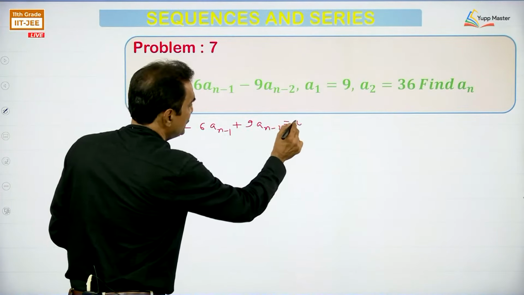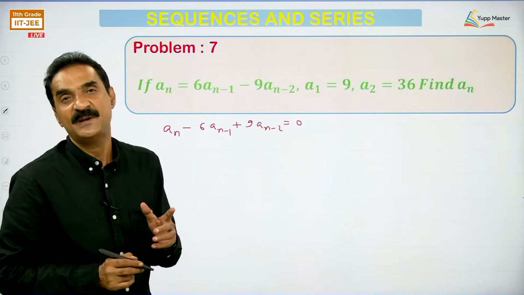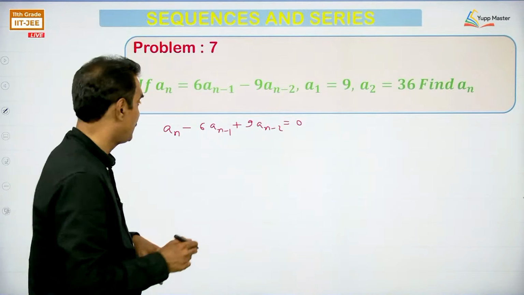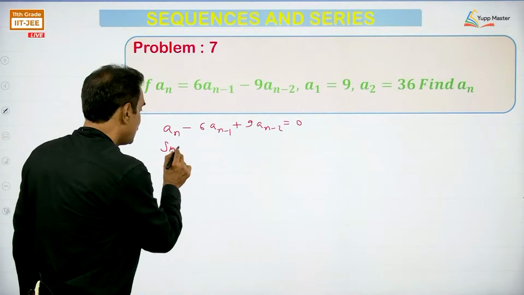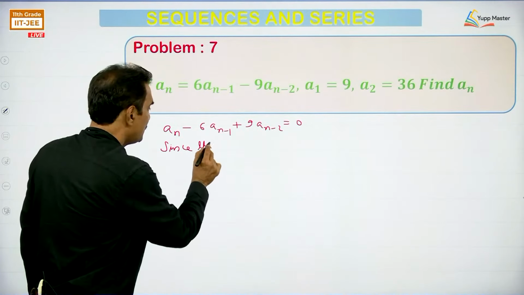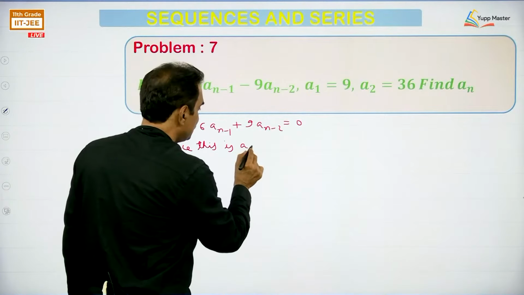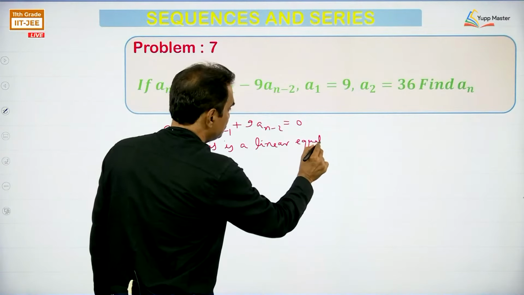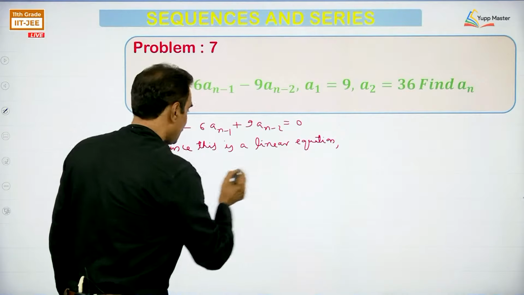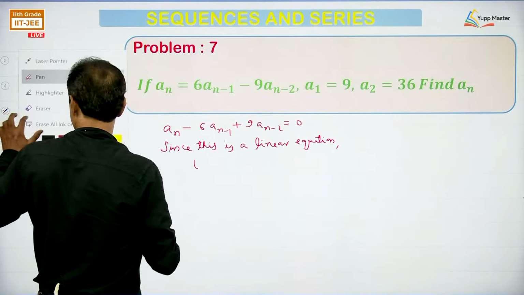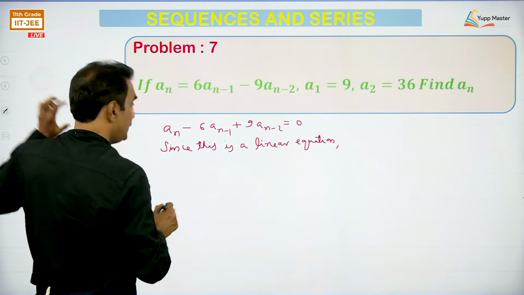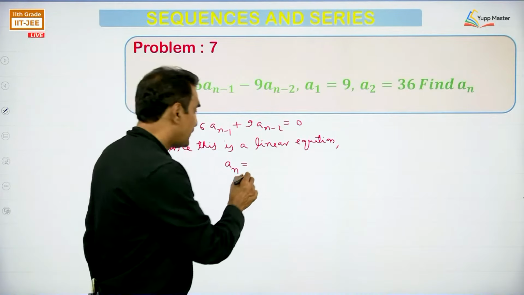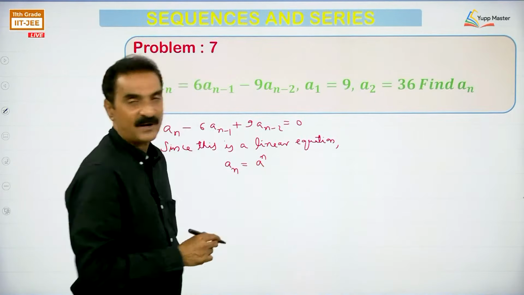Since it is a linear equation in an minus 1, an minus 2, the nth term an can be taken as some constant a power n.